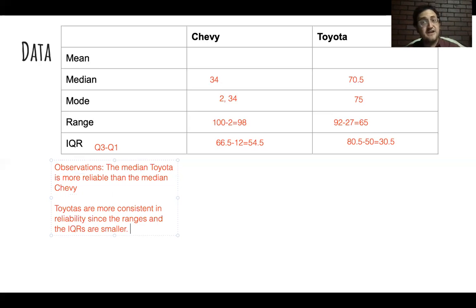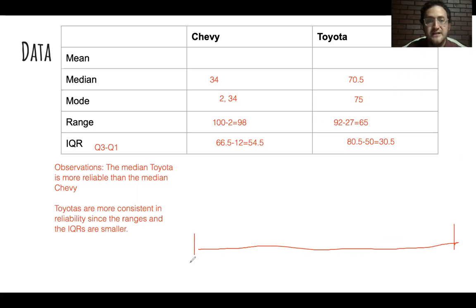So having all these statistics is great, and verbal descriptions show that you're analyzing them well, but having a good quality table is going to be really helpful, and having a box and whisker plot is going to be even more helpful. So you may want to have 0 to 100.